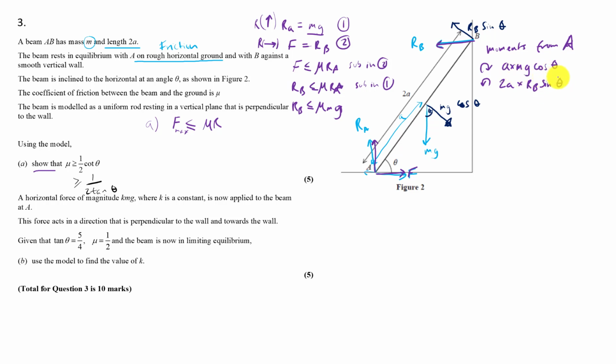Now anti-clockwise and clockwise are equal, so we're going to get a times mg cos theta equals 2a RB sine theta. We're going to remember later that RB, the reaction at B, equals this, not mg. And we can cancel out the a's to get mg cos theta equals 2 RB sine theta.